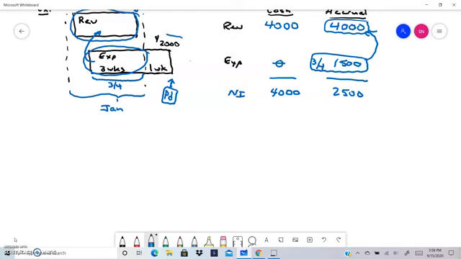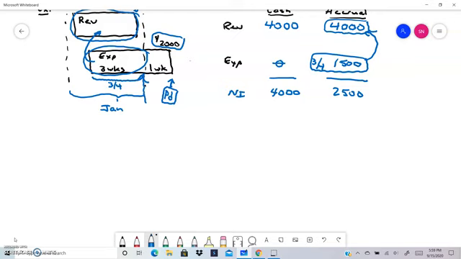Now, we would normally not record that expense until February when it was paid. We'd make an entry at that time, debit salary expense, credit cash, something like that. But at this point in time, at the end of January, we would have to make an adjusting entry.